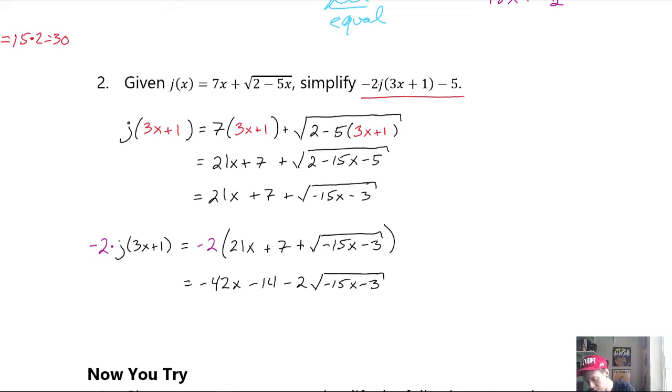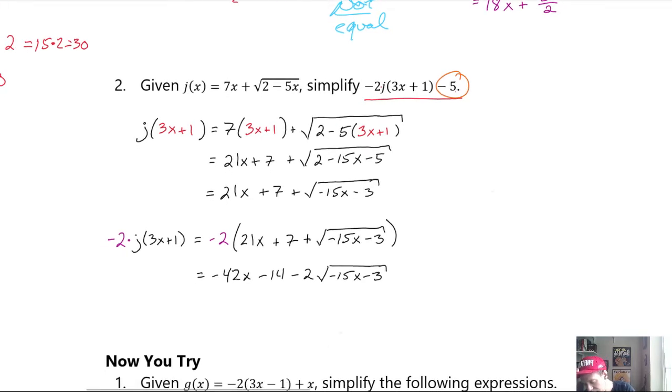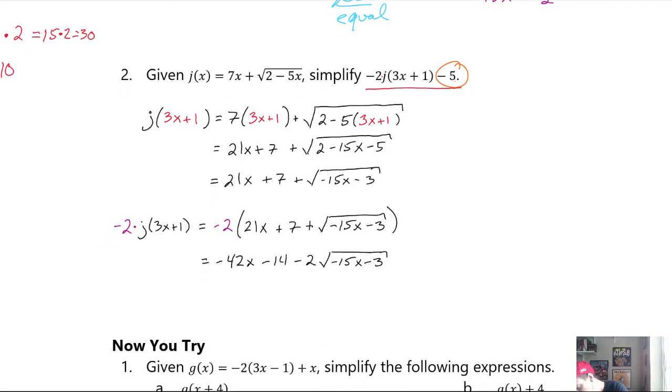All right, so we have one more step to all of this. We still need to subtract the 5 as our last bit. So we want negative 2 times j of 3x plus 1, then minus 5. So we're going to take everything we got from above, the negative 42x minus 14 minus 2 times the square root of negative 15x minus 3.